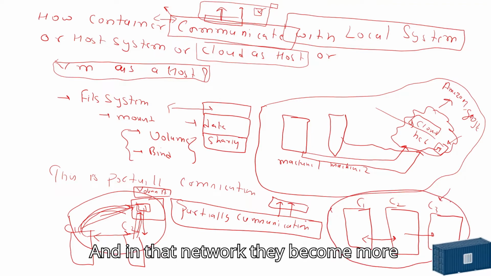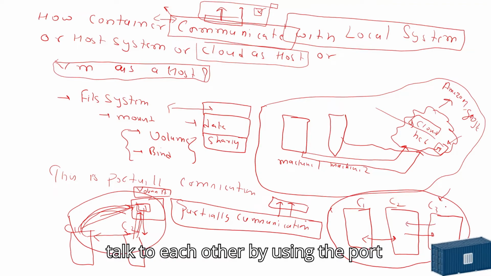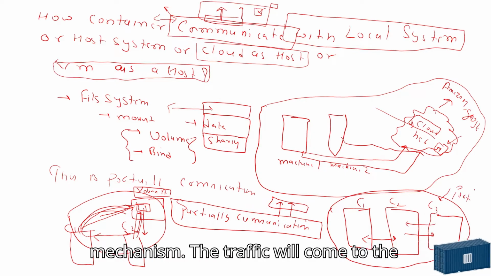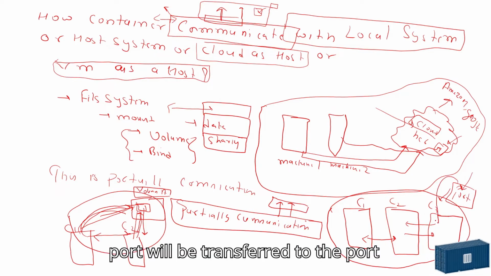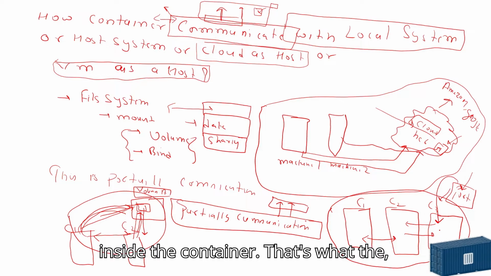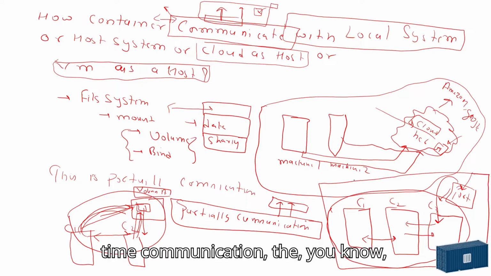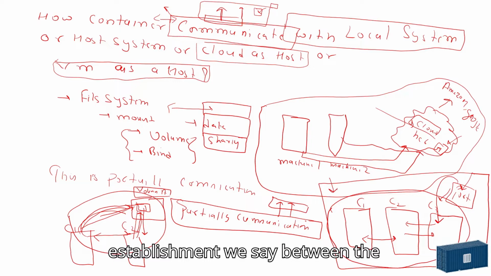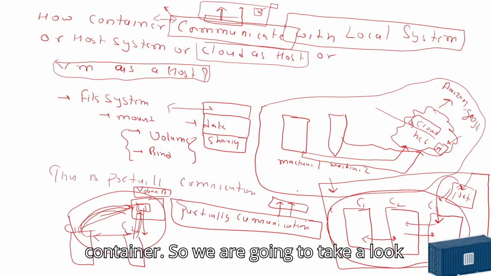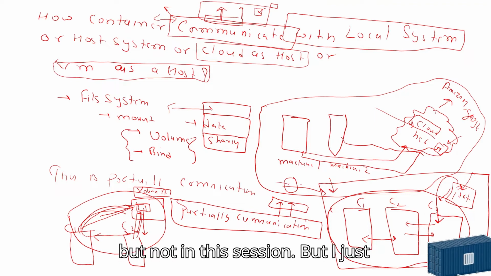In that network they become more secure, and they can talk to each other by using the port mechanism. The traffic will come to the local port first, and then from the local port it will be transferred to the port inside the container. That's the full-time communication, the actual communication establishment between the containers. We are going to look into that sort of communication also, but not in this session.